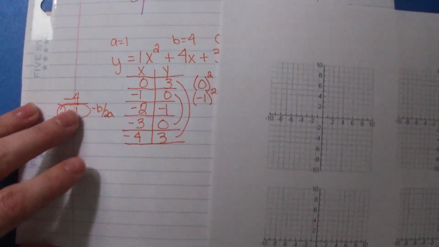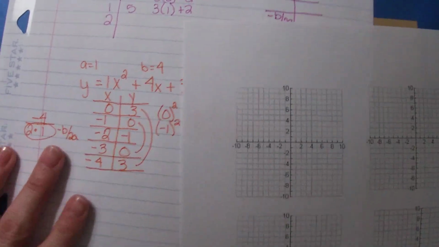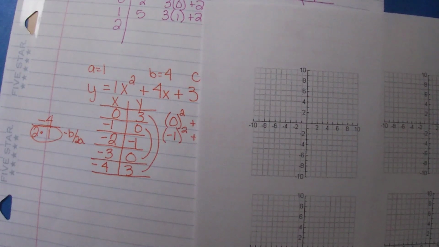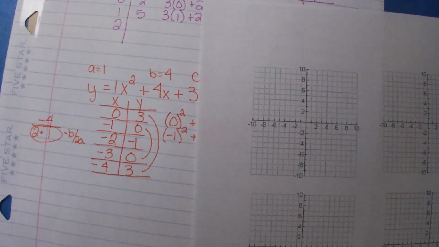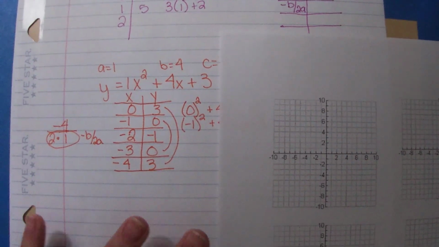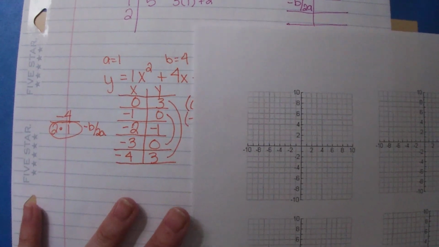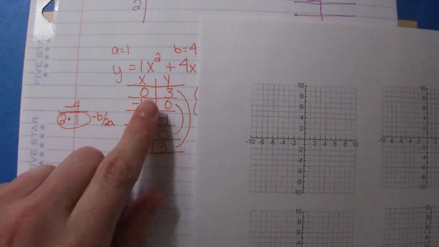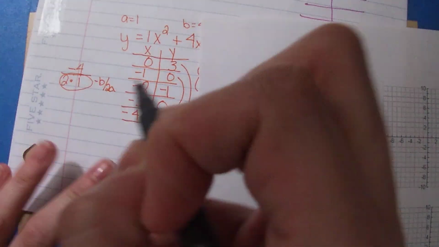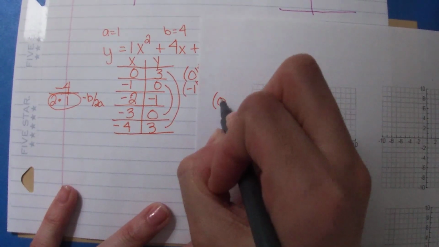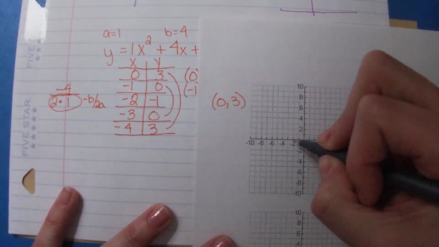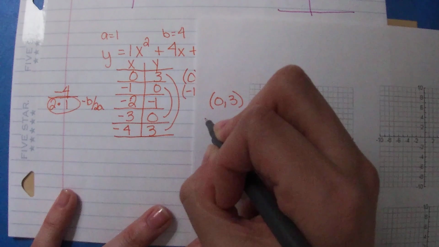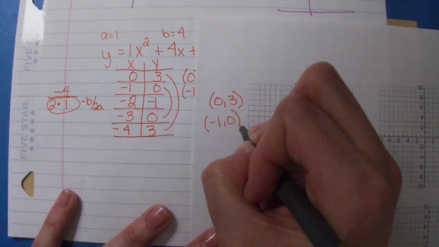Then, once we have those numbers, we're going to be able to graph. If you don't have a printer and didn't print, or if you just don't want to print, I probably wouldn't print. Just draw a 10 by 10 coordinate plane. Okay, and we are just going to plot these points. So I'm going to plot the ordered pair 0, 3. Then I'm going to plot negative 1, 0, right?